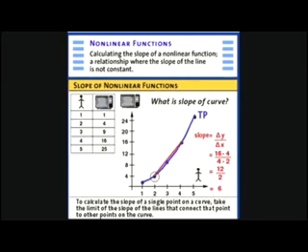The slope of this red line right here, that is its rise over its run, is going to be 6. The slope of that line is 6.